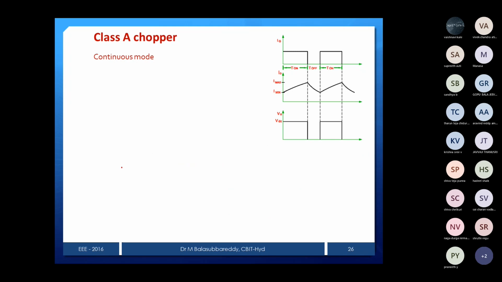Now we'll see the step by step derivation for I minimum as well as I maximum. When the switch is closed, meaning the chopper is on, the interval is from 0 to the on period, and at the end of this, the off period begins. During the instant 0 to T on, what is our voltage equation?